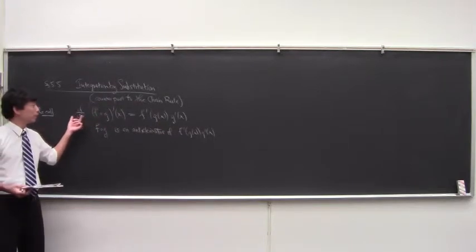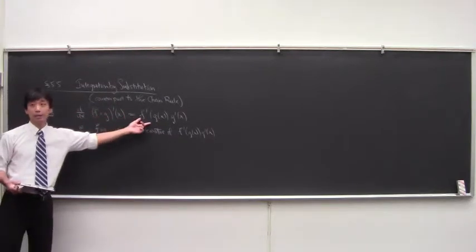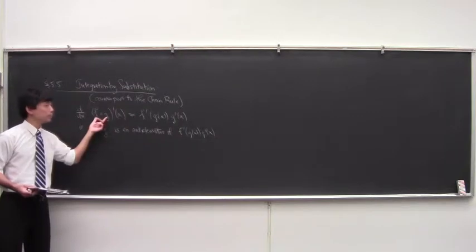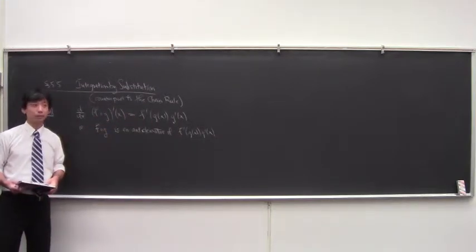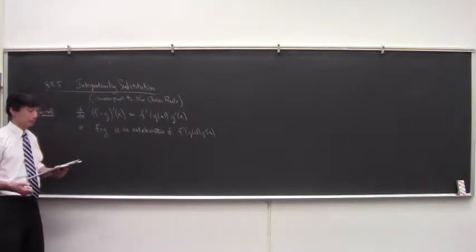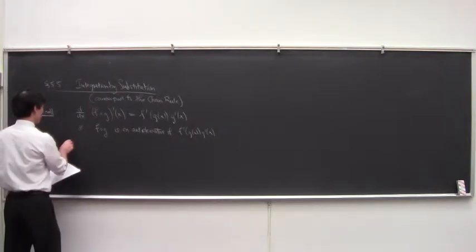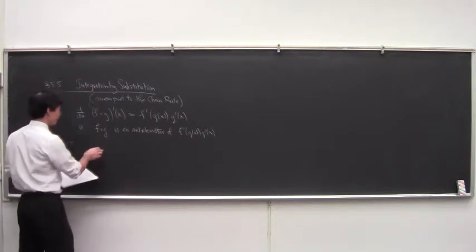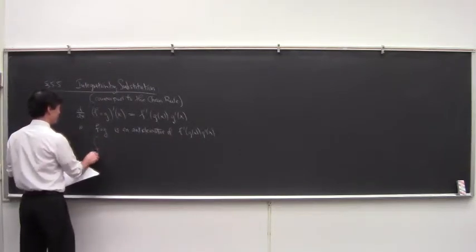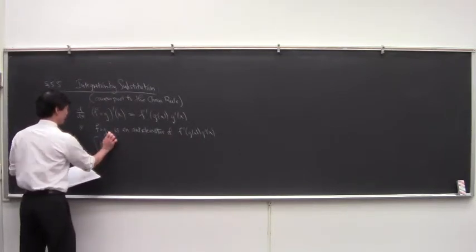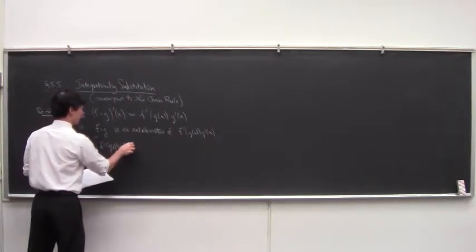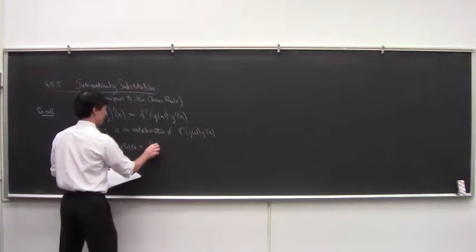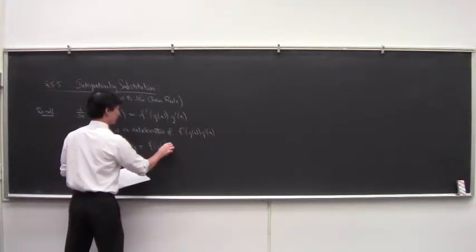The derivative of this is that. In other words, this is an antiderivative of that. And I'll just write it again. An antiderivative of f prime g of x, g prime x dx is f of g of x plus c.